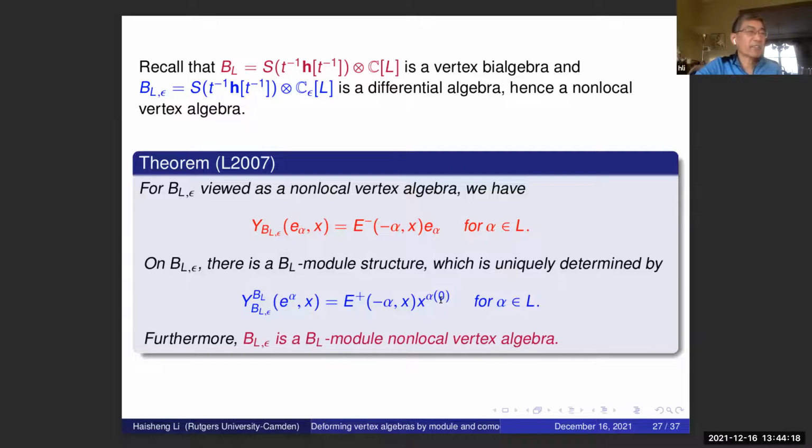So the other half gives a module structure, and then BL epsilon becomes a BL-module non-local vertex algebra. So originally we have the lattice vertex algebra, now we can break it down into two very interesting parts. That's it.